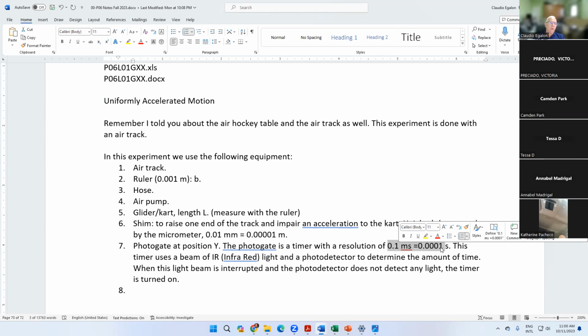The resolution of our photo gate is 10 times better than the resolution of the timers used to time the Formula One races. The only difference is that we are talking about small cars here. Larger cars have that timer with that resolution.